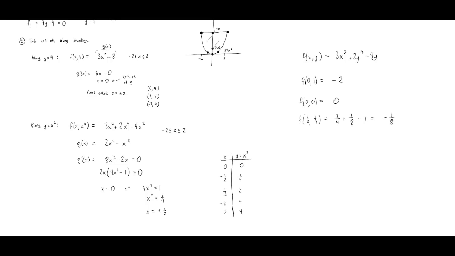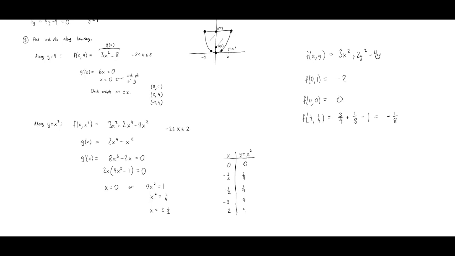So moving on to this point, 2, 4. If x is 2 and y is 4, we'll get 12 plus 32 minus 16 for a total of 28. Moving on to here, when x is 0 and y is 4. Okay, so that was a critical point that we found over here. You're going to get 32 minus 16 is 16.